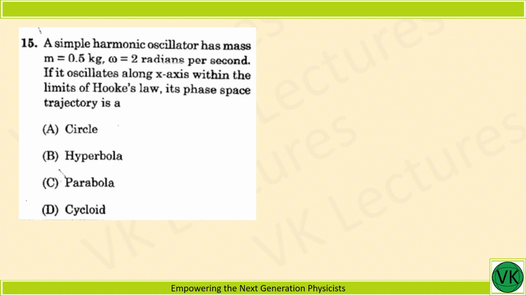Now let us also look into this question in a different way. The equation is p square by root of 2me whole squared plus x squared divided by root of 2e by k whole squared equal to 1.